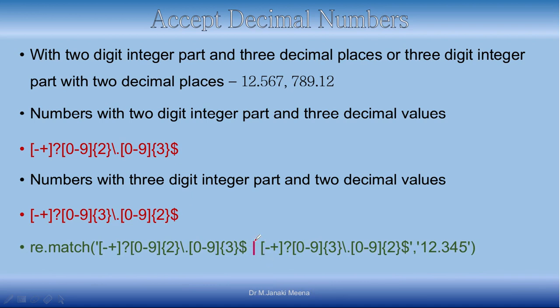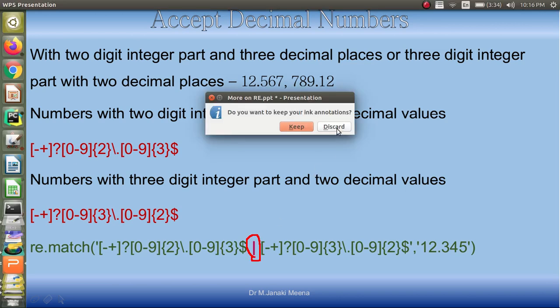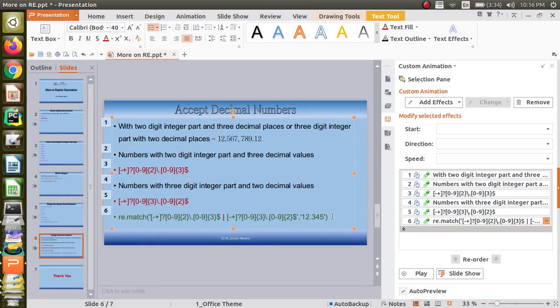Here I have shown in a different color. See, re.match. This is the first part for this format, 2-digit integer part and 3 decimal values. This is for 3-digit integer part and 2 decimal values. Either this or that. So I am putting an or in between by using the pipeline symbol. So this expression will accept both the formats. Let us check in the terminal.